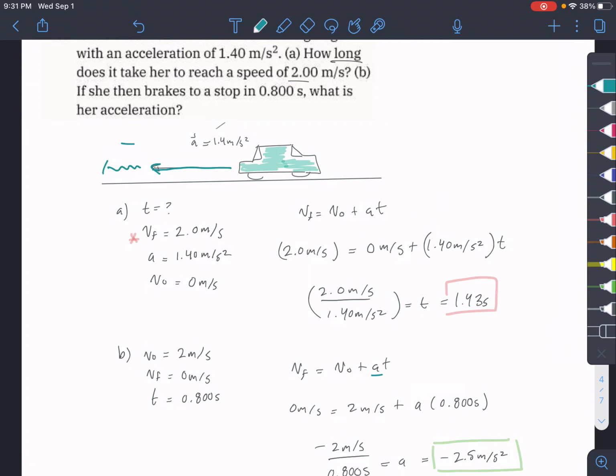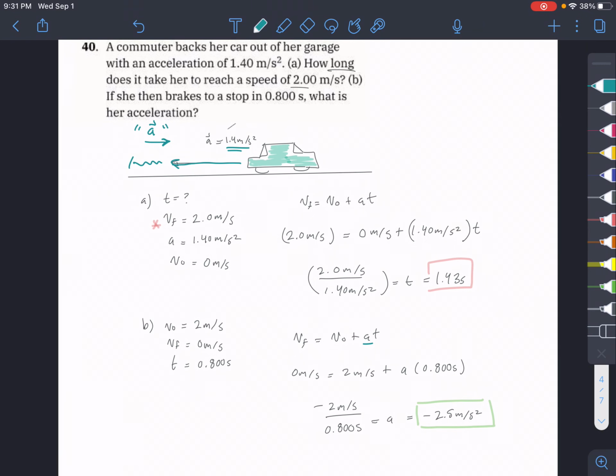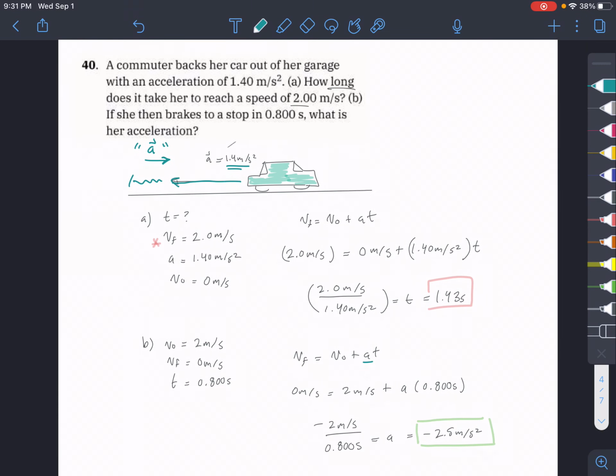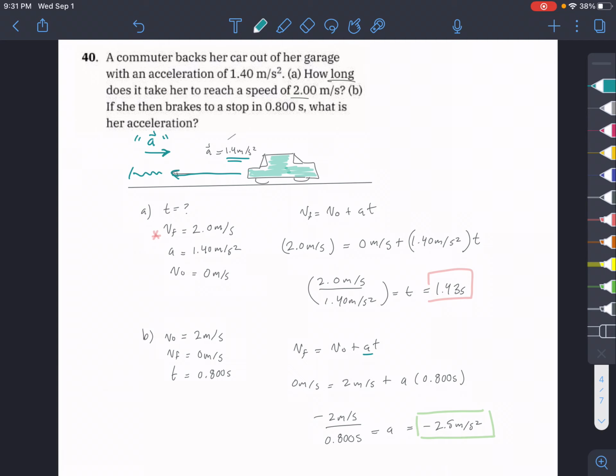That means I need acceleration going in the other direction, acceleration that's slowing me down. If I modeled backing out as the positive direction, this acceleration would be in the negative direction because it would be opposing the motion of the car. So this is our brakes essentially acting to decelerate us here. Hopefully that helped clear some things up and that one made sense.